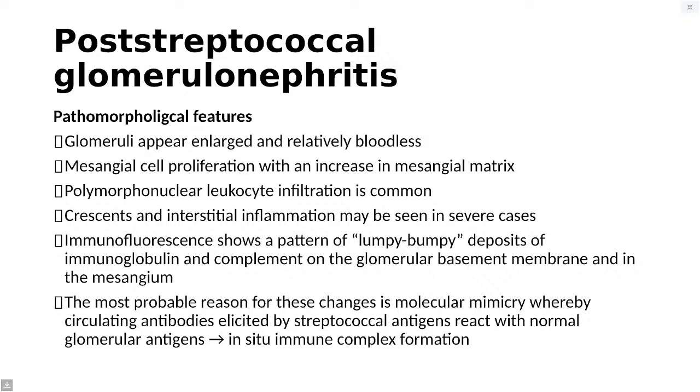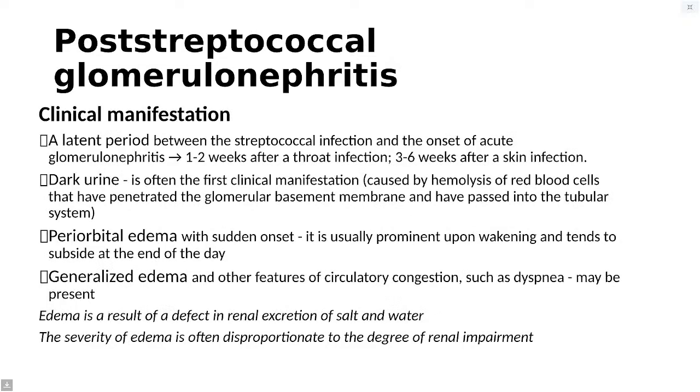The most probable reason for these changes is molecular mimicry, whereby circulating antibody elicited by streptococcal antigens reacts with normal glomerular antigens. And the result is in situ immune complex formation. We can see this complex formation.